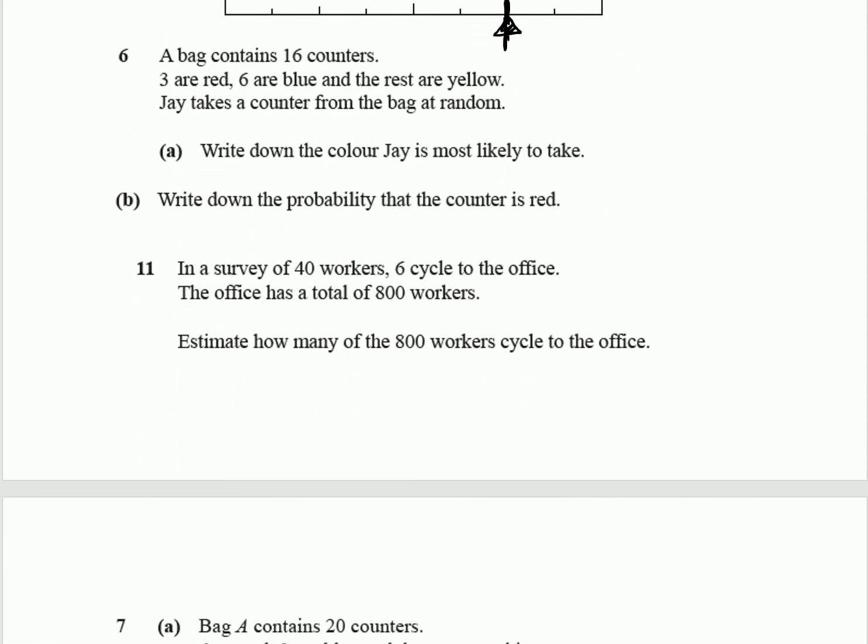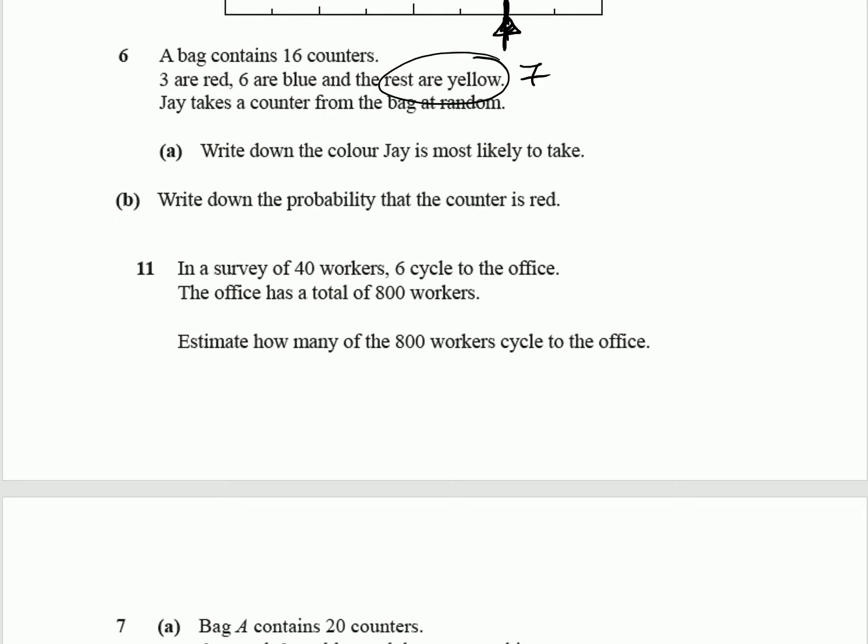A bag contains 16 counters. 3 are red, 6 are blue, and the rest are yellow. We're taking a counter from the bag at random, and I want to know which one's most likely. Well, 3 are red and 6 are blue. That's 9 altogether, so the rest are yellow. Well, that's 7 of them.